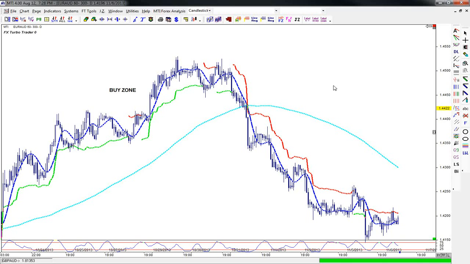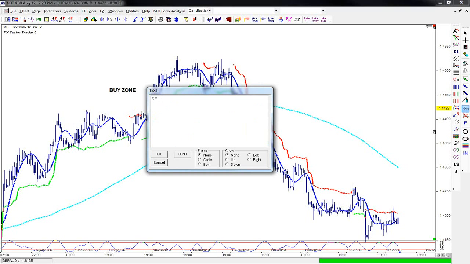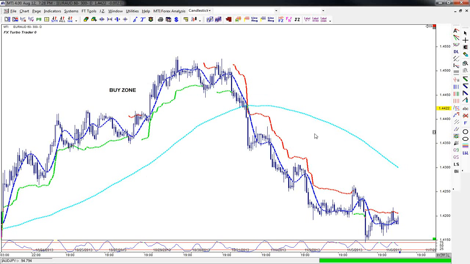You can even take snapshots on your computer if you'd like. When you have candles below the teal blue line, what do you think that represents? Can anyone tell me? Yep, great job, Susan, and everybody else is typing that in. Sell zone. So candles above the teal blue line, buy zone. Candles below the teal blue line, sell zone.